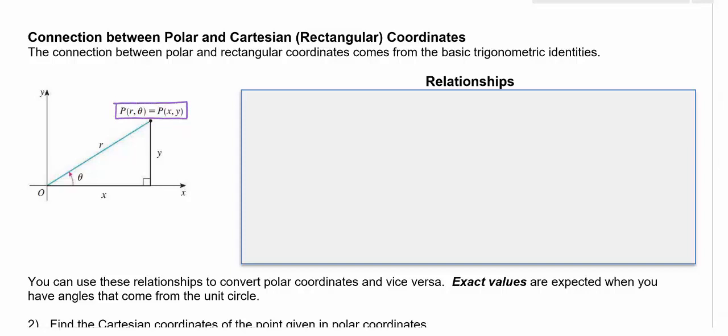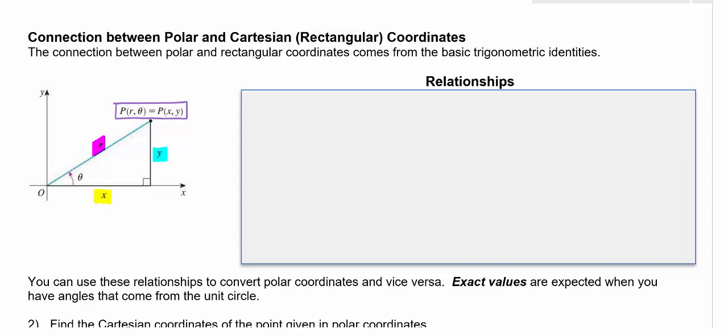I like sticking with the horizontal being x, the vertical being y, and therefore the radius or hypotenuse being r. So let's just talk about some basic things that you know. If you want a good challenge, you can pause the video right now and write out all the things that you think you know. Okay, but now we're ready.